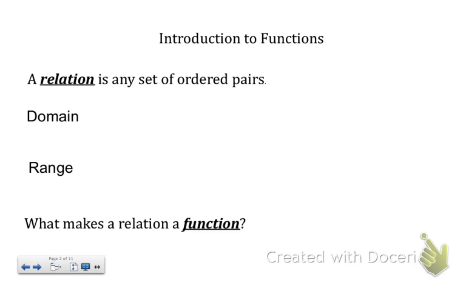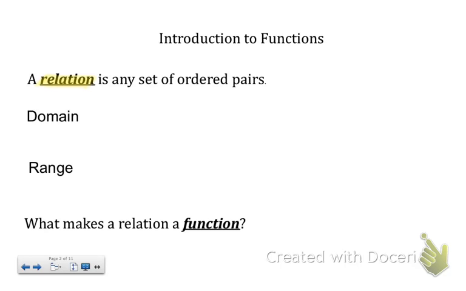Okay. Now, the first thing we're going to look at is the definition for a relation. A relation is a very simple idea. It's just the set of any ordered pairs. Now, each relation has a domain and it has a range.